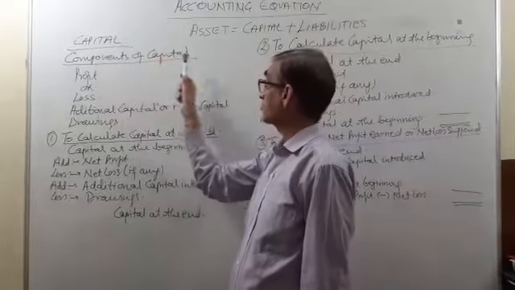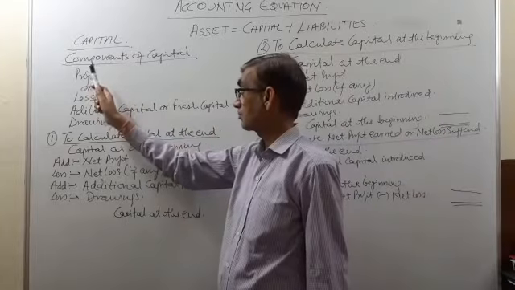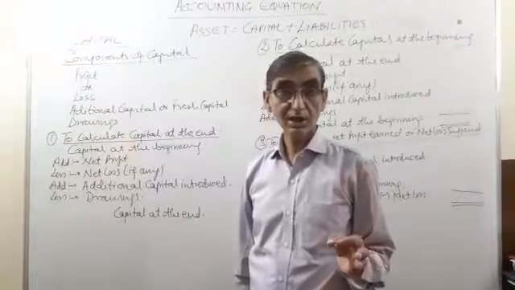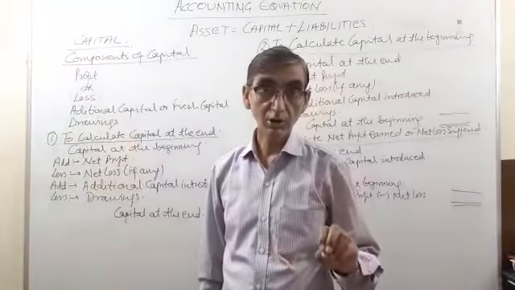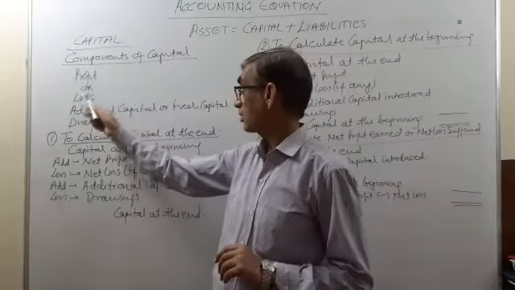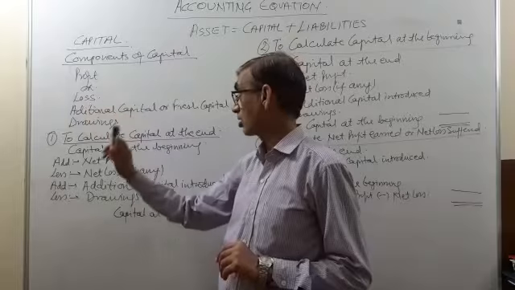Capital has some components. The first one is your profit or loss. In a business organization, either you are going to earn profits or you are going to suffer losses, so any one of these two, profit or loss.